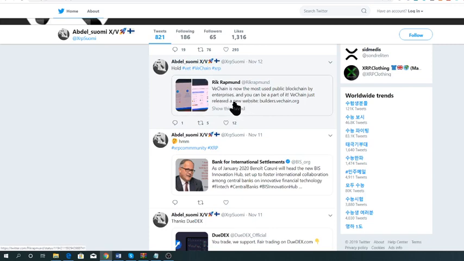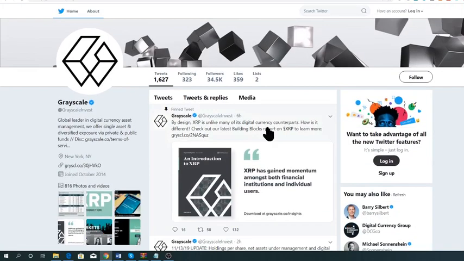It shows that VeChain is now the most public token. You know, I'm not an investor in VeChain, but what I'm saying is the use cases of digital assets are increasing day by day. Now this is from Grayscale. They are actually a big firm running the ad. Now they are stating an introduction to XRP, because they know that the community looking at XRP is big.